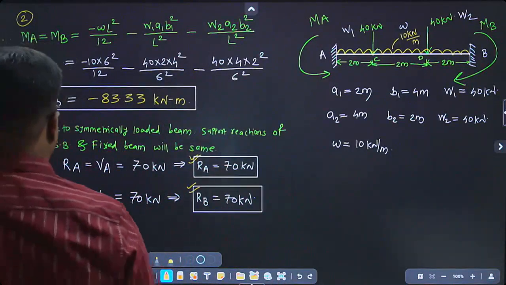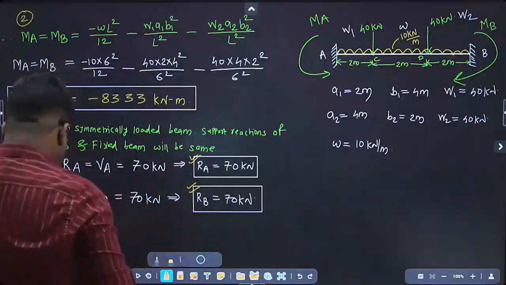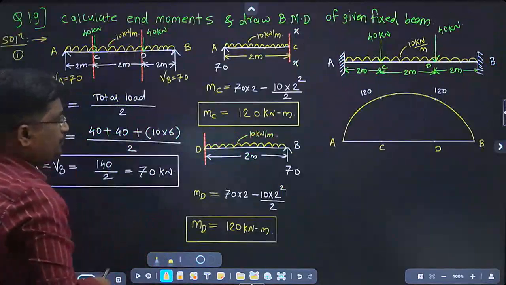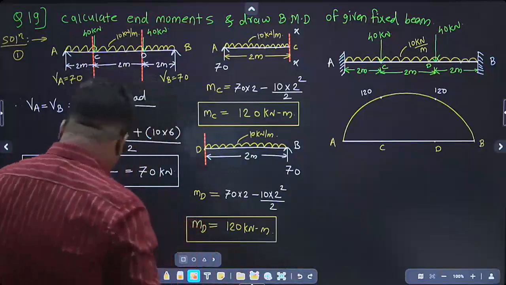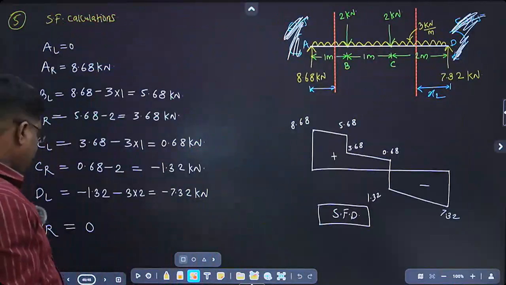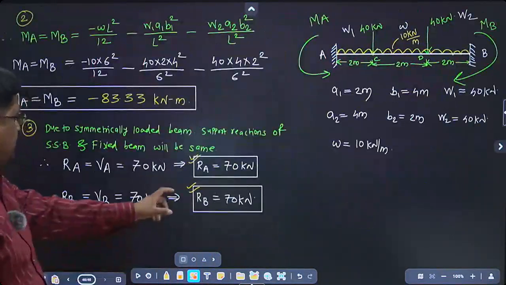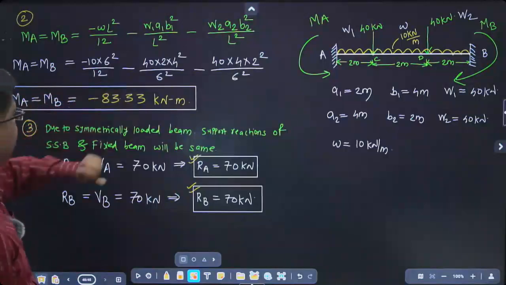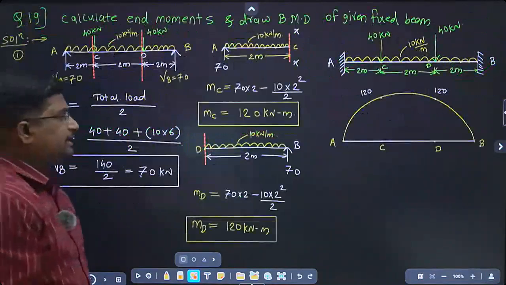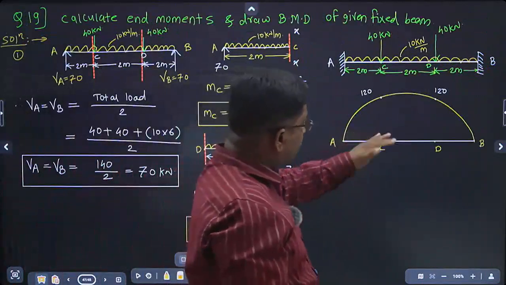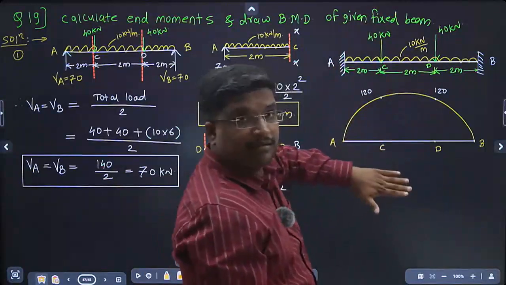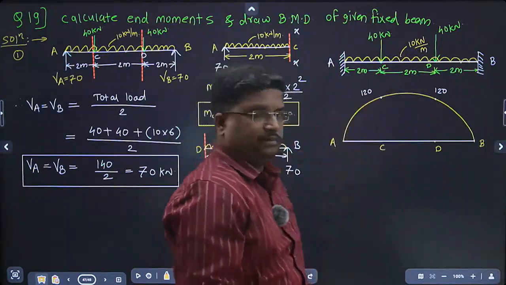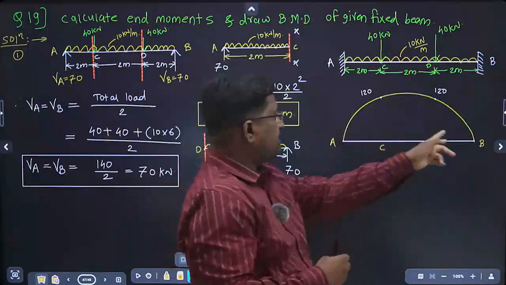Now see here, now draw the mu dash diagram. That will be a rectangle, because MA and MB both are same, minus 83.33. If it is minus, we always draw below the baseline, but we have to superimpose that mu dash diagram over the mu diagram.